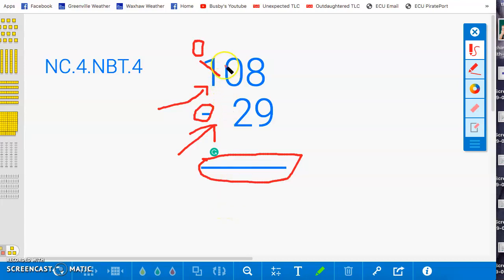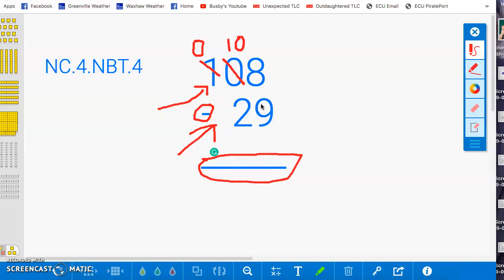And then you're going to move over to the tens place. You are going to make the 0 into a 10 because you are in the tens place. Now, just because you take away a 10 doesn't necessarily mean you stop there.